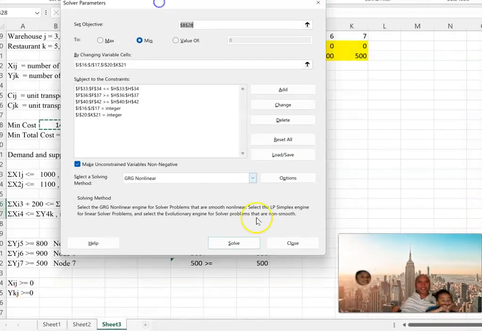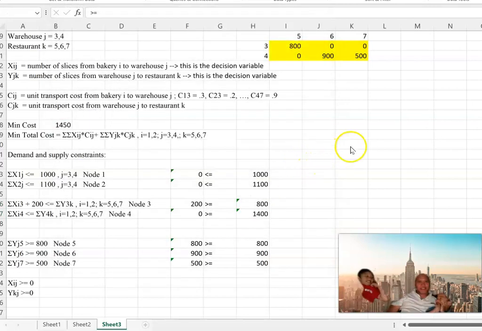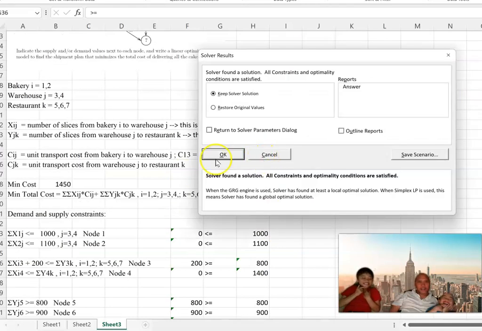We're going to solve it again. Alright, I hit the solve. Okay, solving.